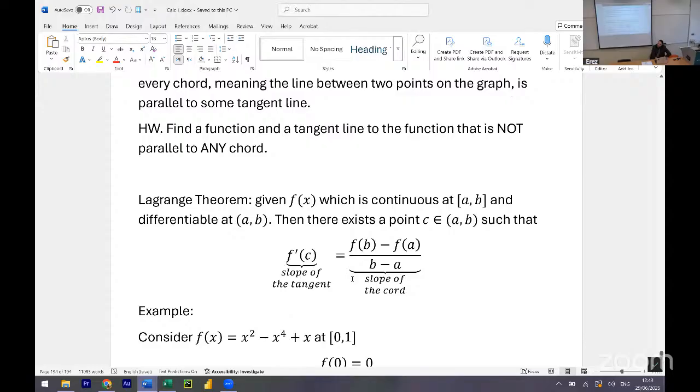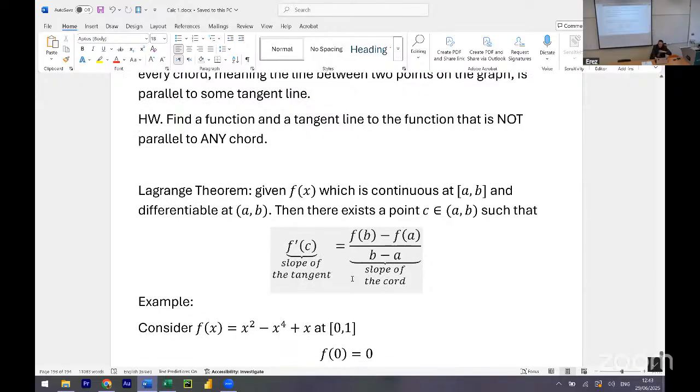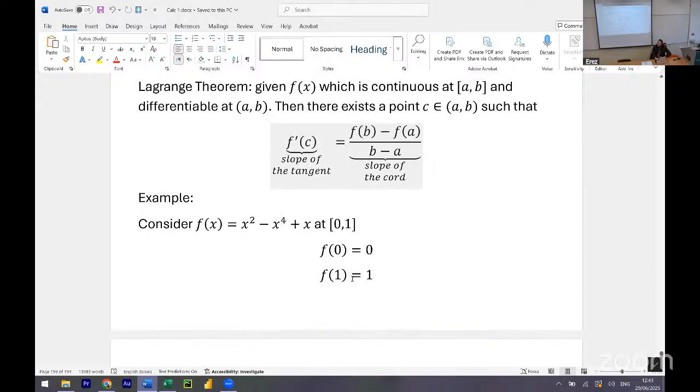Differentiable implies continuity. The only difference between the two is the edges. You must be continuous at the edges, but you don't have to be differentiable at the edges. Like the square root of x, which is continuous until 0, but it's not differentiable at 0. So it's a small thing, to be honest. The main thing you need is differentiability.